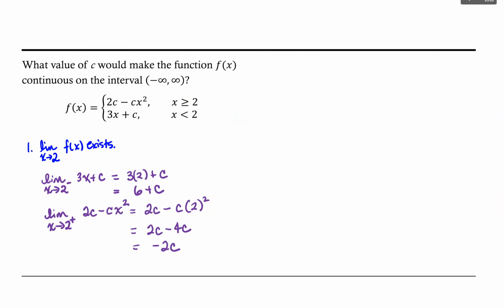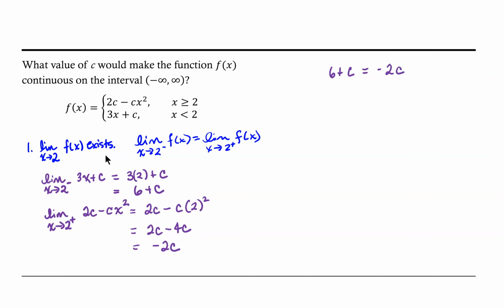Now recall that for the limit as x approaches 2 to exist, the limit as x approaches 2 from the left of f of x must equal the limit as x approaches 2 from the right of f of x. So what that means for this function is that 6 plus c, that's my limit from the left, must equal negative 2c.